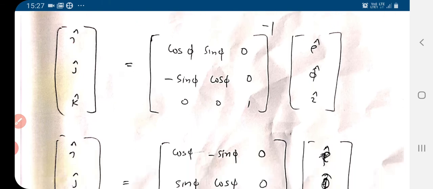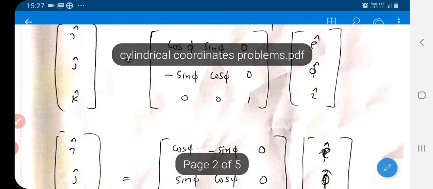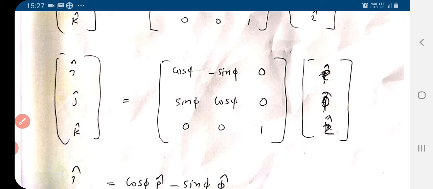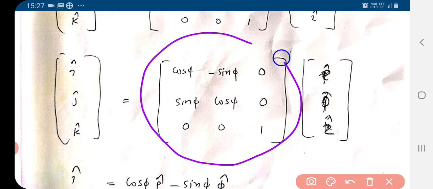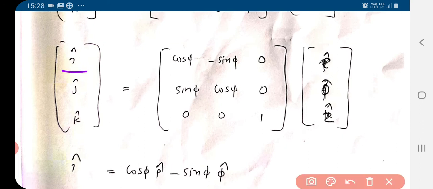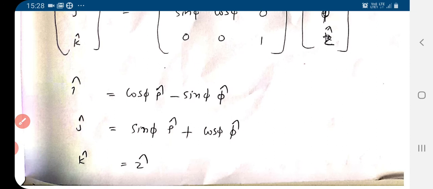So the inverse we need is simply the transpose, which is written here. And from this we can get i equal to cos phi rho minus sin phi phi, j equal to sin phi rho plus cos phi phi, and k equal to z.